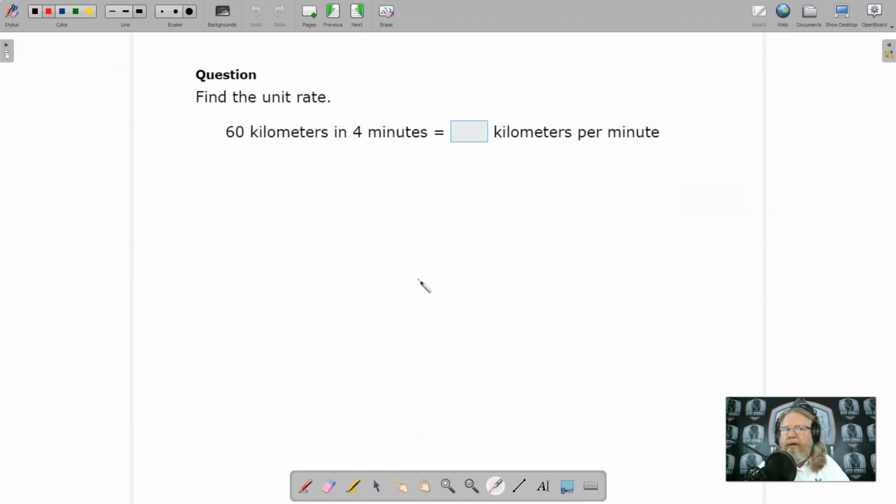I'm going to do another one where I set it up as proportions, and we'll look at finding equal ratios. Then from there, we're just going to start dividing one by the other, and you'll see how that works out. If I can keep from hitting my microphone again. So 60 kilometers in 4 minutes is equal to how many kilometers in 1 minute?